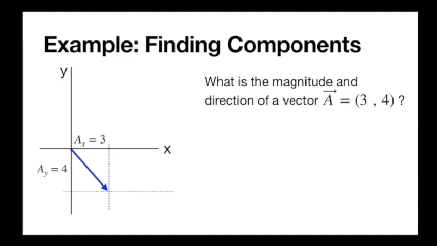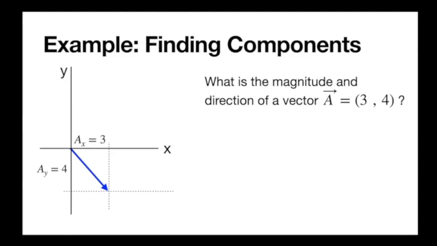But I can define any set of two perpendicular axes that I want. I could rotate this by 90 degrees, 45 degrees. I could flip it. It doesn't matter. As long as I have two perpendicular components, I can describe my vector that way. And we'll see that a bit later on. But for now, we'll usually just use y is up and down, x is side to side.